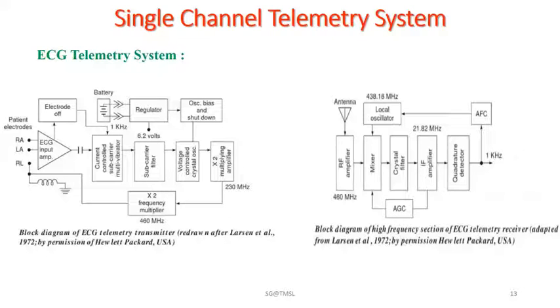The 1 kilohertz subcarrier is demodulated to convert frequency to voltage to recover the original ECG waveform. A low pass filter must also be incorporated into this circuit, because the signal is passed through a low pass filter having a cutoff frequency of 50 hertz and then given to the monitoring instrument.